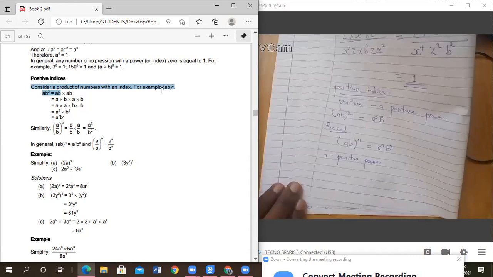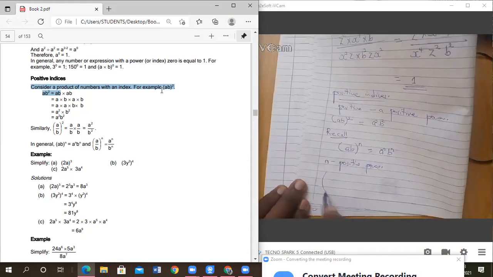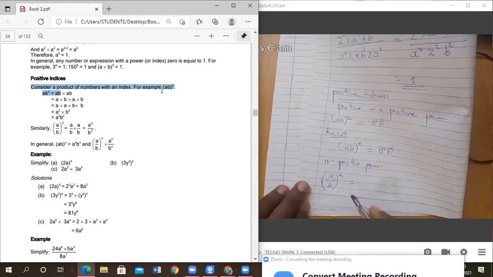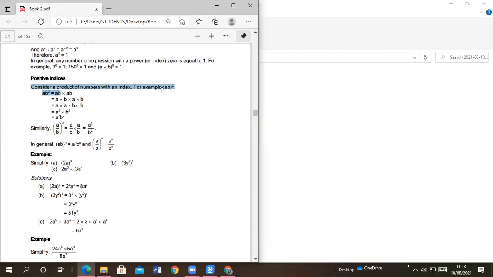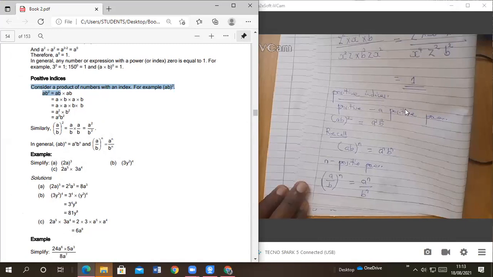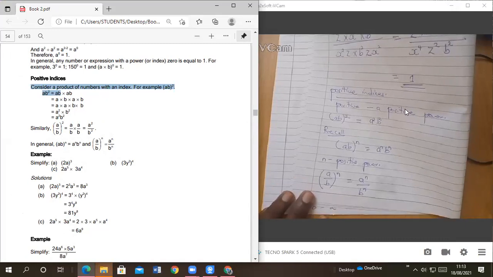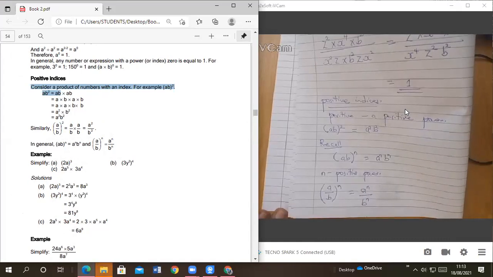We also said that (a over b) to the power n can be written as a to the power n divided by b to the power n. Do you remember that? So that is basically what we mean by positive indices.